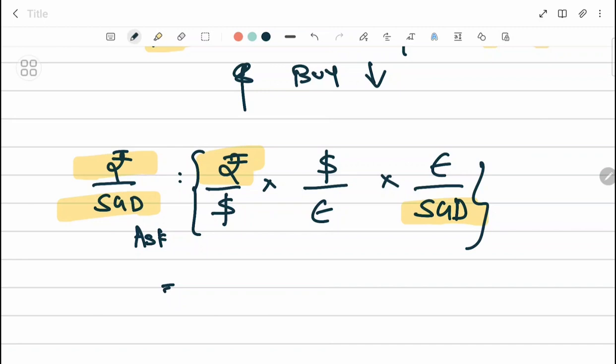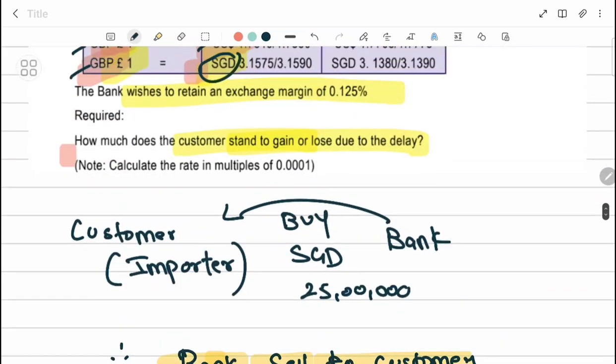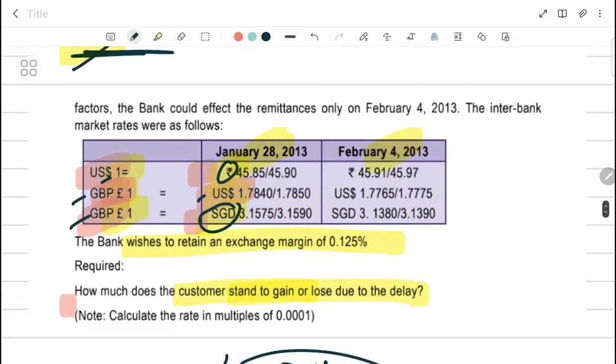Now let's see if we actually have these codes or we have to do inverse in case we don't have them. This is the ask because we've seen why: the bank sells at high, and the bank is selling SGD. So rupee by dollar, do we have that? We have that, a direct dollar quote. First, I'm just doing January 28th. Similarly, you have to do February 4th and then compare both of them.